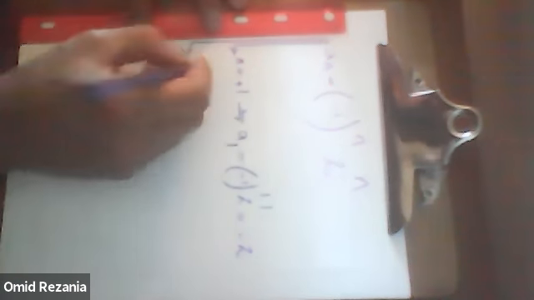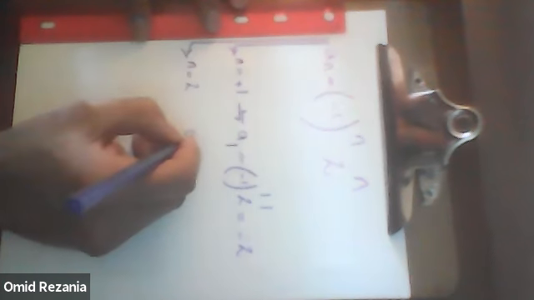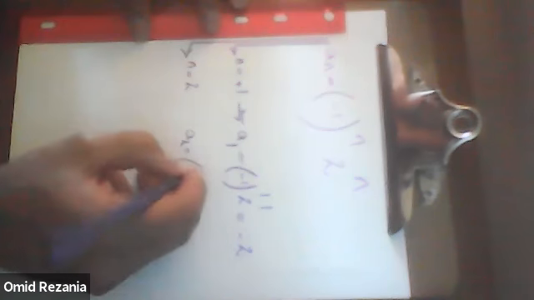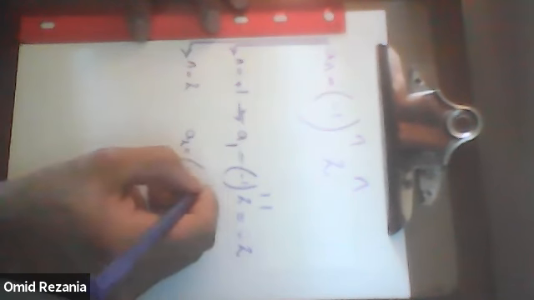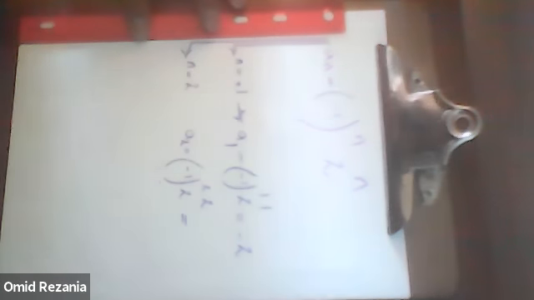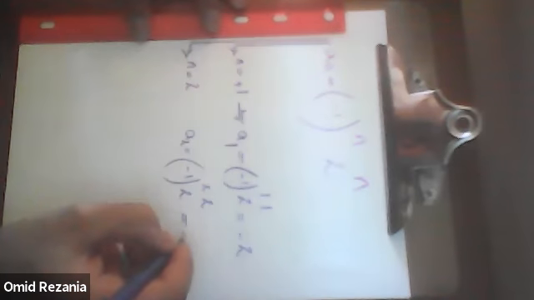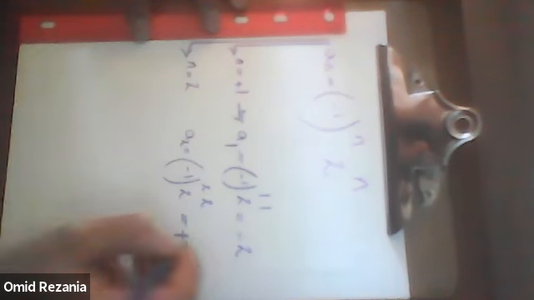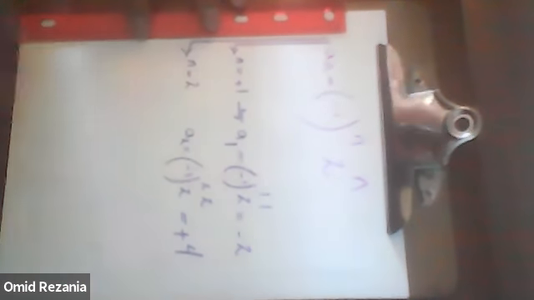We have n equals 2. Then we have a2 equals -1 to the power 2, 2 to the power 2, which becomes plus 4, because -1 to the power 2 becomes 1, and 2 to the power 2 becomes 4.